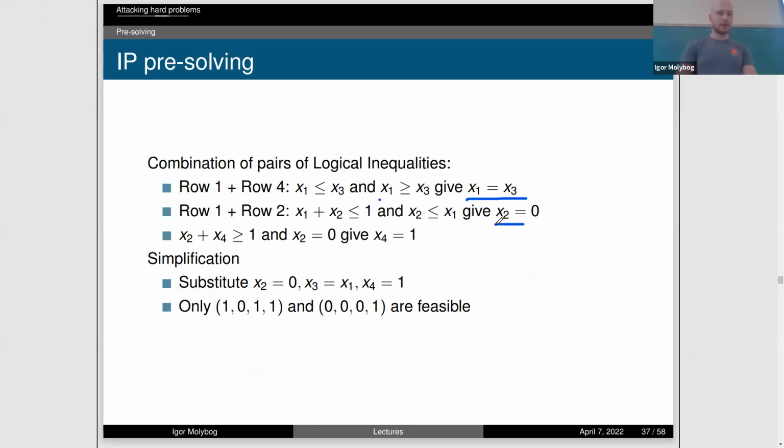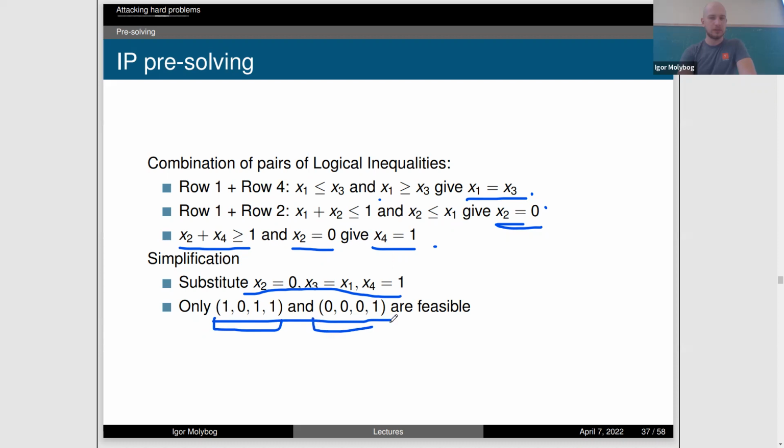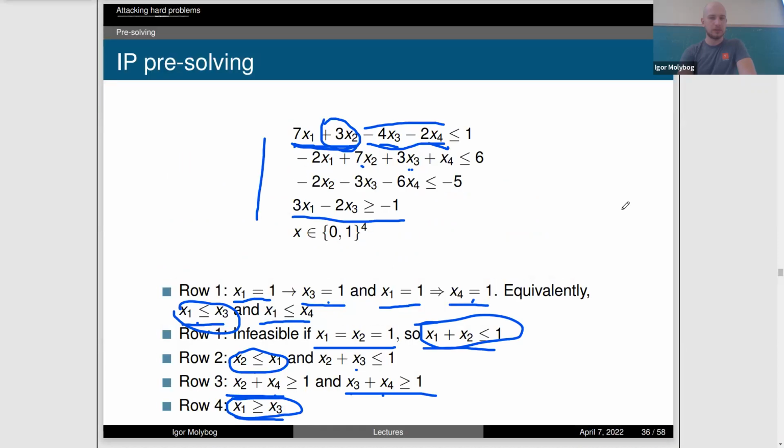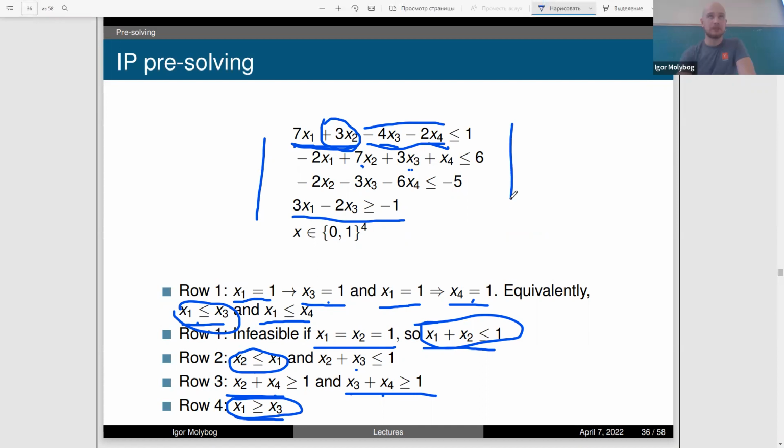And also x2 plus x4 being greater than or equal to 1, with x2 equal to 0, gives us that x4 must be equal to 1. After the substitution of these equations that we have obtained, we can conclude that there are only two feasible points in our set: the points 1, 0, 1, 1 and 0, 0, 0, 1, which significantly simplifies the problem.